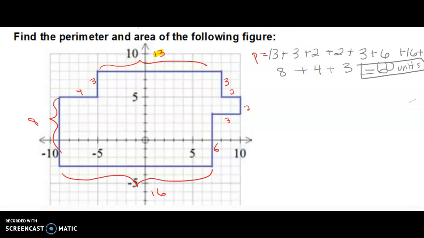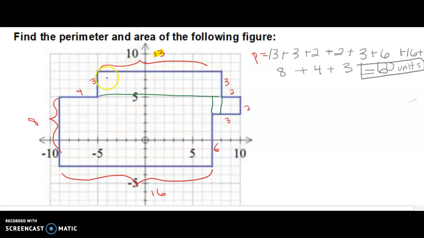All right, now let's look at the area. This might be kind of complicated because it's such a weird looking shape, but we can break these down into a bunch of shapes. Here's a section up top, here's one here, here's one here, and then the big one down here on the bottom.